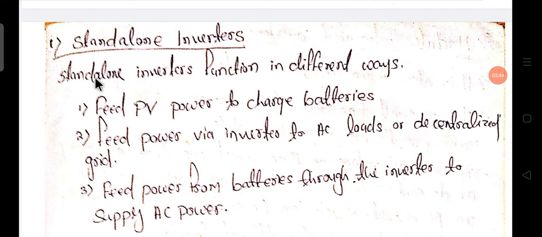In general inverters, the DC power stored in the battery is converted into AC. But the standalone inverter functions in different ways.